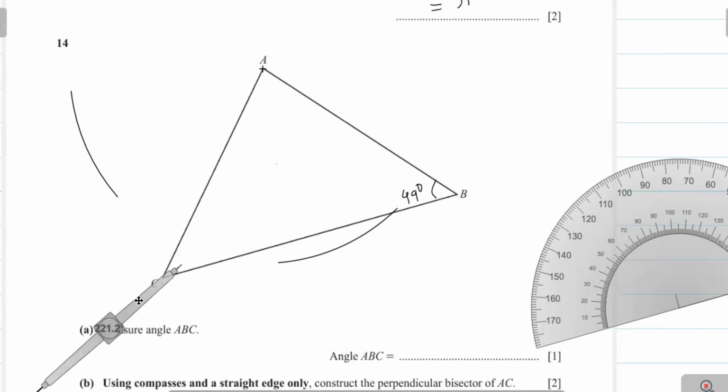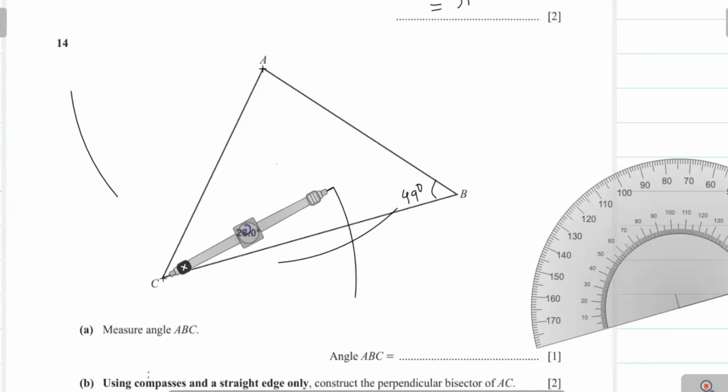And next we take C as a center. After taking C as center, we will draw the arc here. Firstly, we will draw the arc on the left side. You see here, this is the arc taking C as center, having the same radius. And next, both arcs intersect at this position.